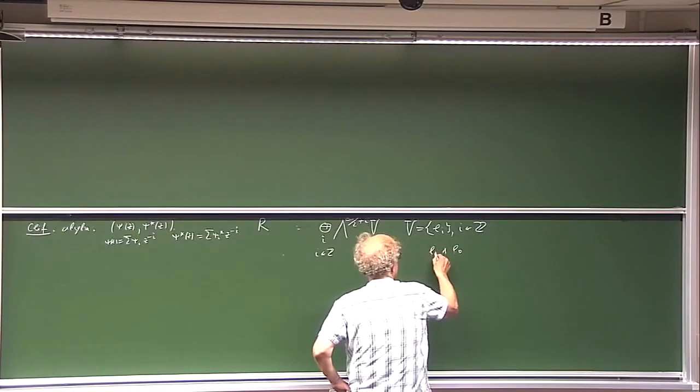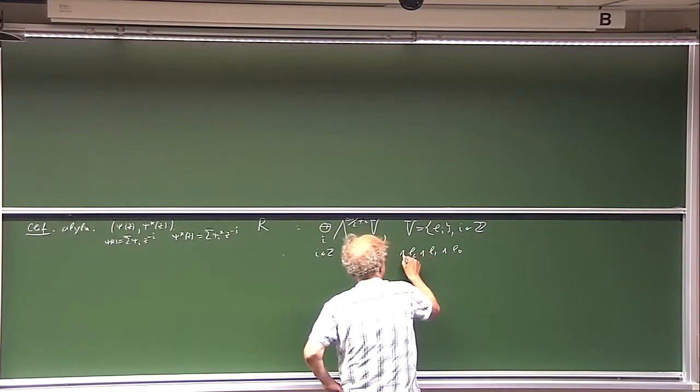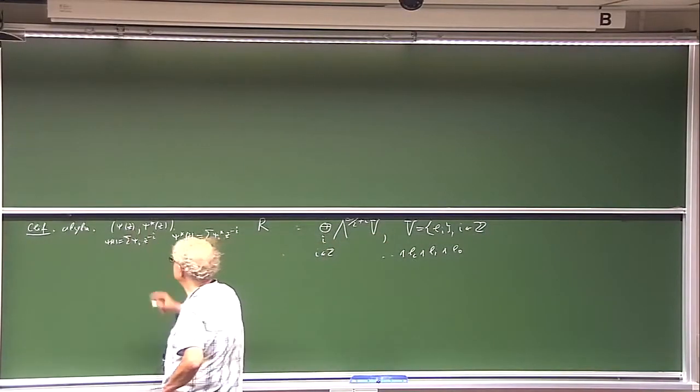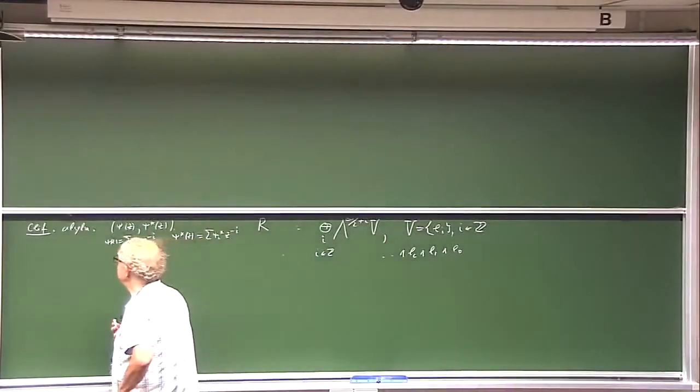Typical example is this. There we have an action of this and that, and this I explained.